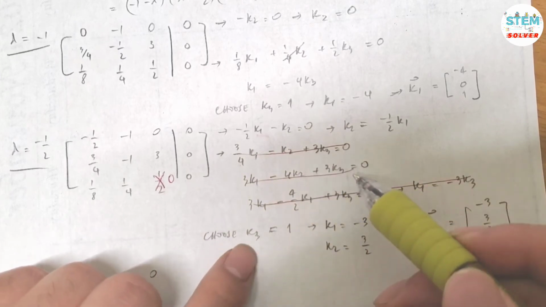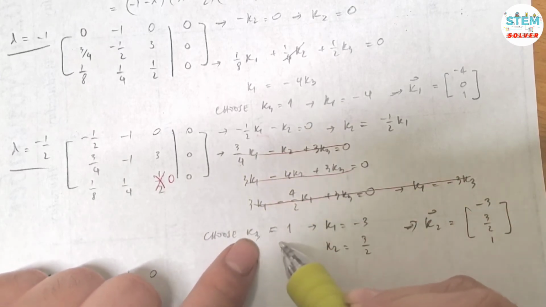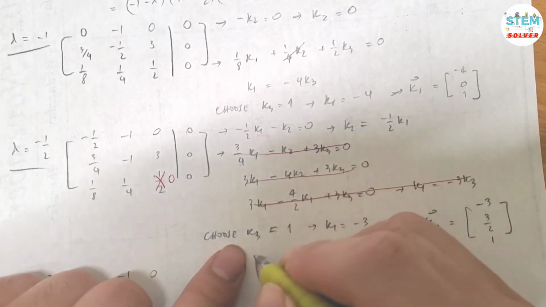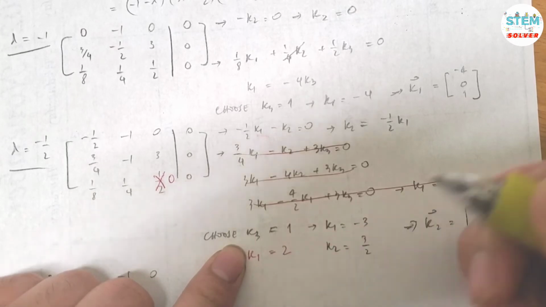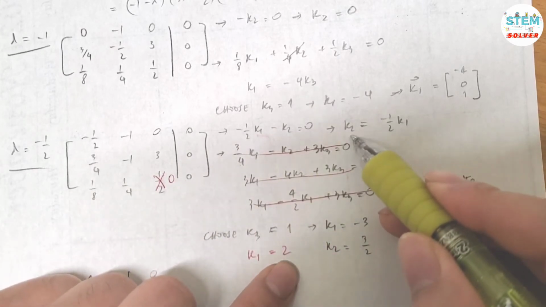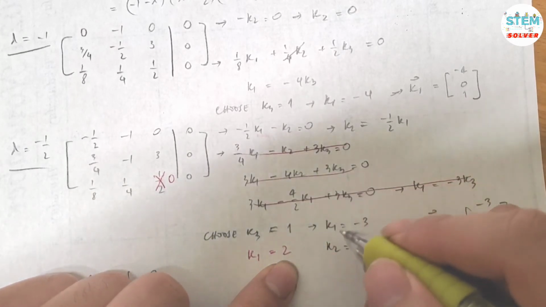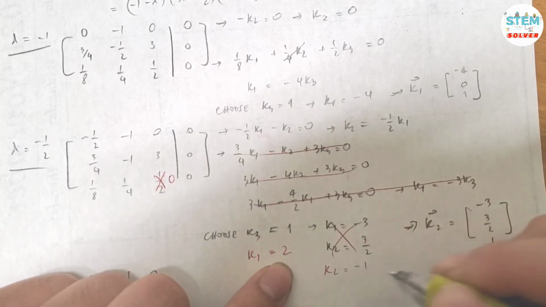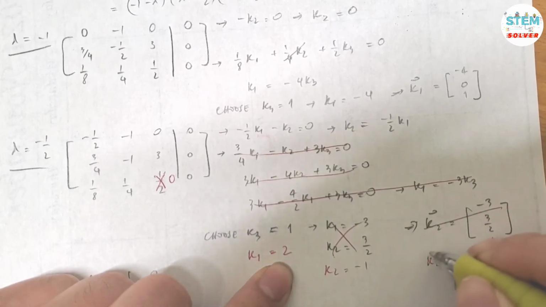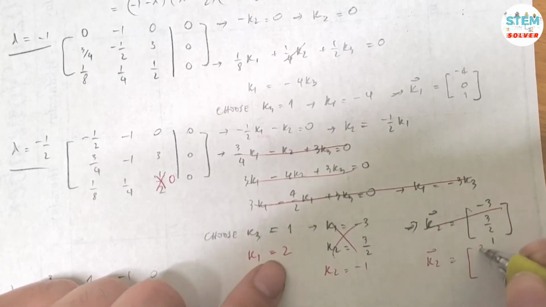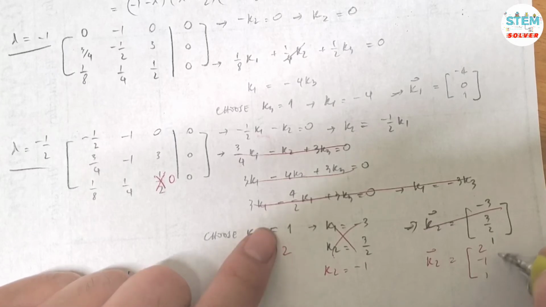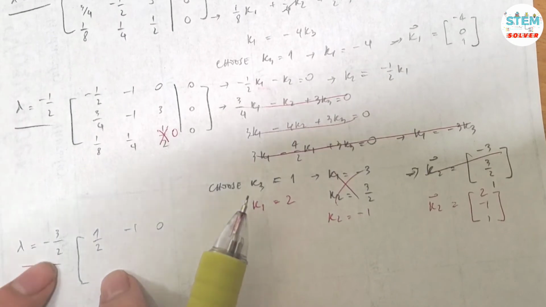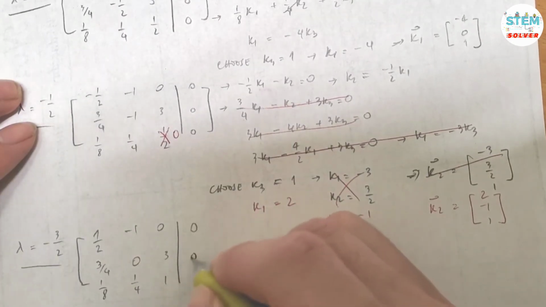Let's do k3 equals 1, k1 equals 2, then that gives me k2 equals negative 1, then my vector is 2, negative 1, 1.